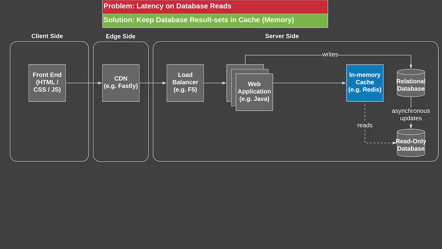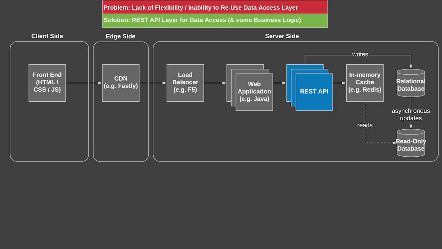So if you want to not have to repeat that every time for different parts of your application or different applications that are actually accessing the same data, a good solution would be to have RESTful APIs in front of that. So you put some of your business logic and potentially even most of your business logic and data access layer in REST APIs, and the REST APIs will actually communicate with your caching layer and your database and so on.